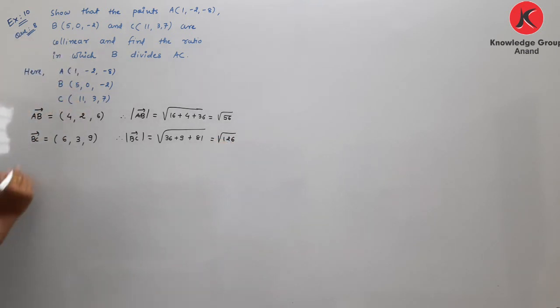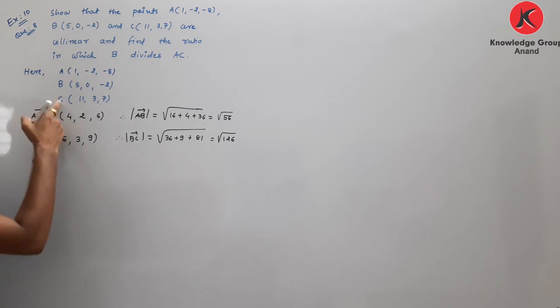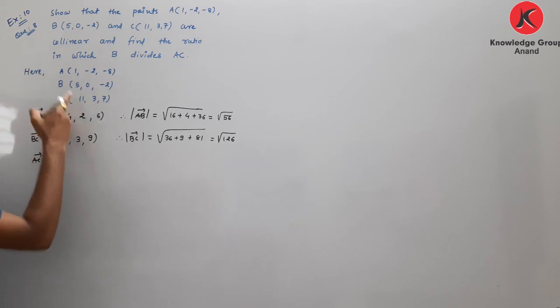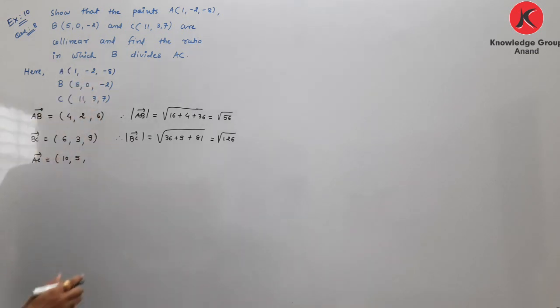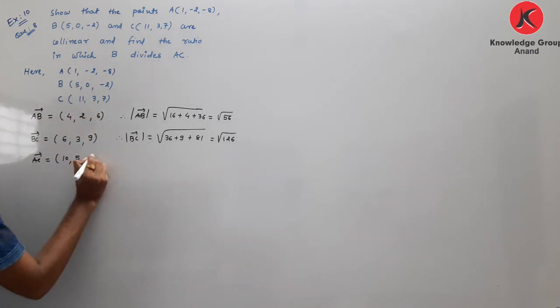And the vector AC is equal to C minus A, which is 11 minus 1 is 10, 3 minus minus 2 is plus 2, that means 5, and 7 plus 8 is 15.